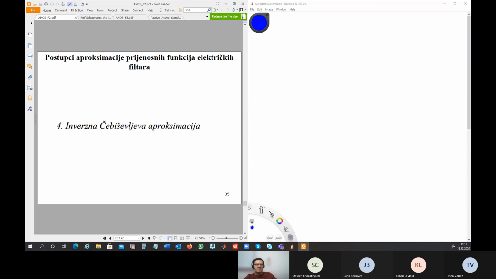We will of course not do it all in big detail. We'll just say the most important facts about this, and then, if you have enough time and enough will, you will learn it from the book, which you have in PDF, which I showed you. Okay, let's start with the inverse Chebyshev filter, and we'll also translate what is written here in English.